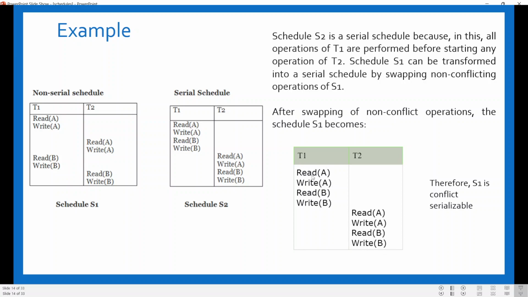Now all the operations of T1 are executed, and only then all the operations of transaction T2 are executed. So we have converted the non-serial schedule to a serial schedule, and hence we can call schedule S1 conflict serializable.